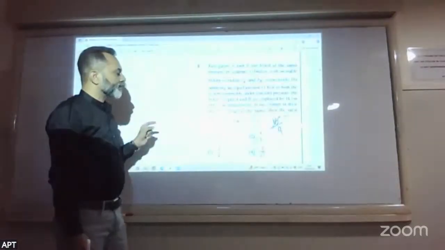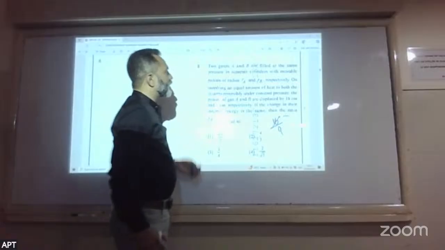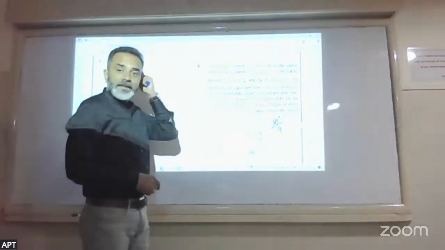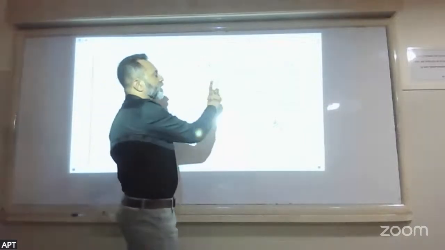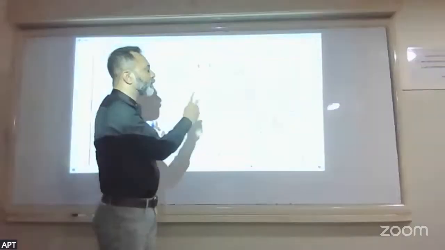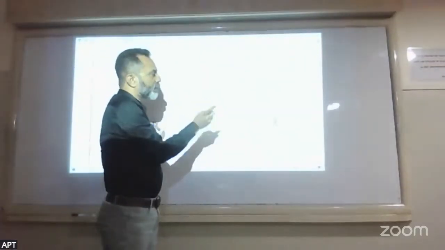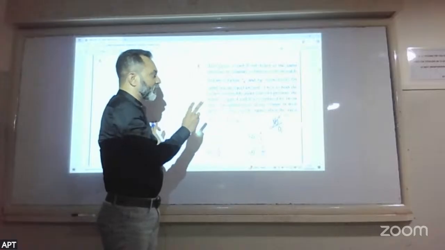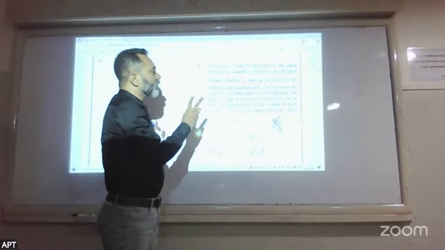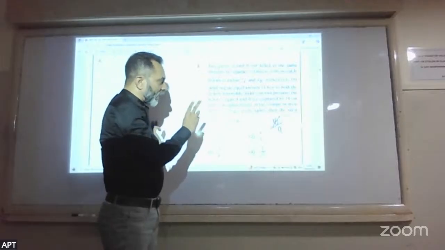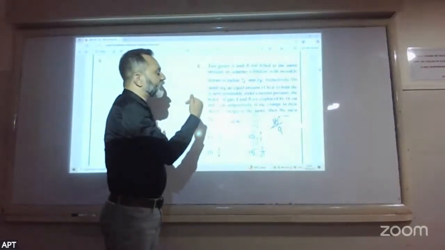Number 8. This question number 8 is, yes, from kinetic theory of gases. Two gases A and B are filled at the same pressure in separate cylinders with movable pistons of radius Ra and Rb. On supplying an equal amount of heat to both the systems reversibly under constant pressure, the pistons of gas A and B are displaced by 16 and 9.